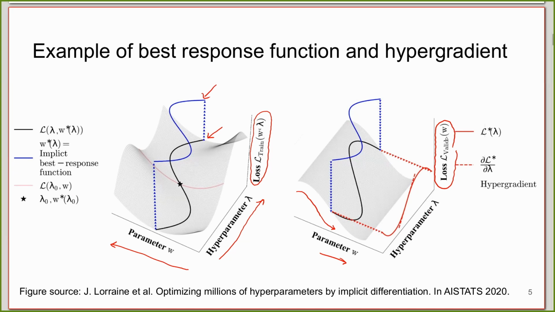The result is the validation loss as a function of the optimal weights, which is represented by this curve in red. The curve in red represents the validation loss that you obtain for the optimized weights as a function of lambda. You choose a value of lambda, you optimize the weights to obtain W star on the training set, and then you look at the performance of those optimal weights on validation data, and you obtain this curve in red. And that's what we care about minimizing with respect to lambda.